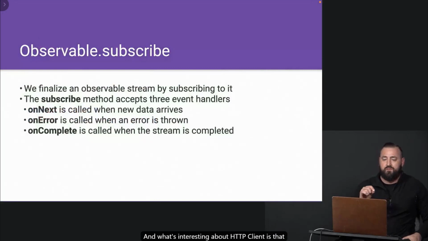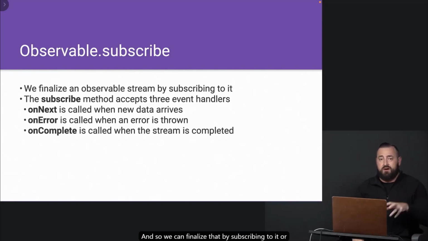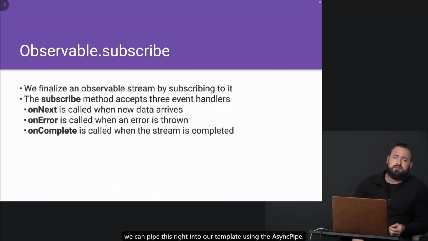And what's interesting about HTTP client is that the response itself is an observable stream. And so we can finalize that by subscribing to it, or we can pipe this right into our template using the async pipe.